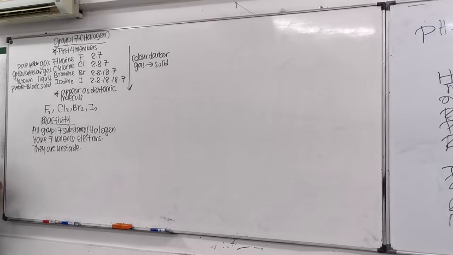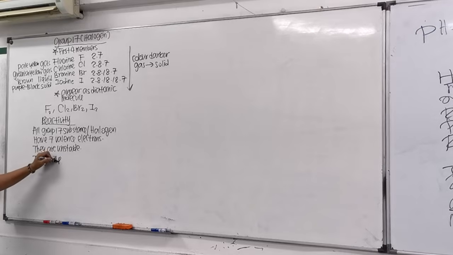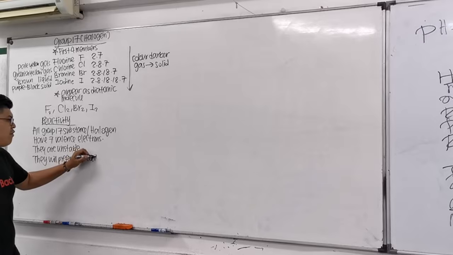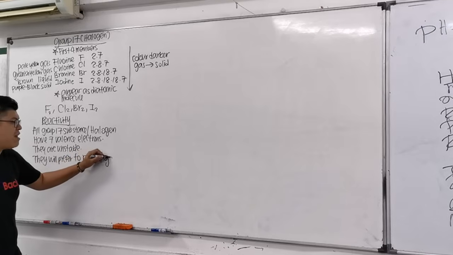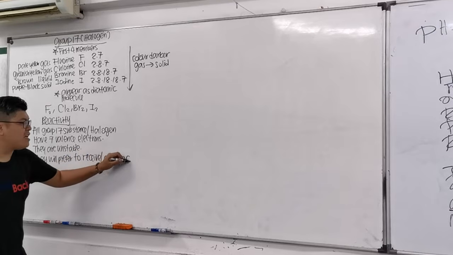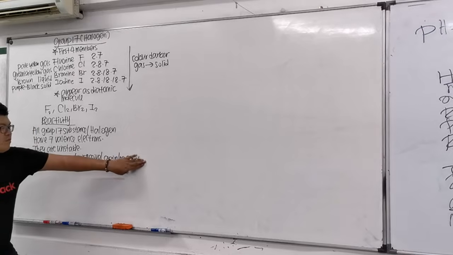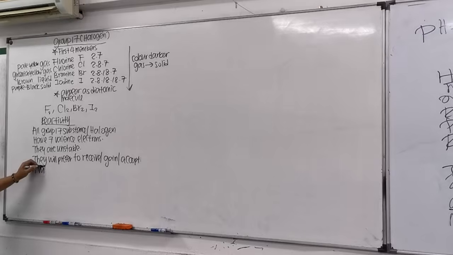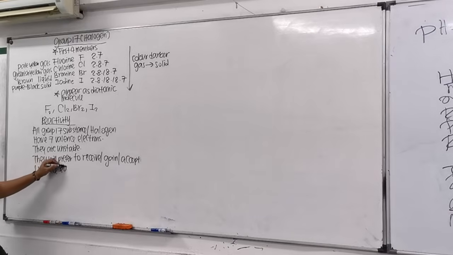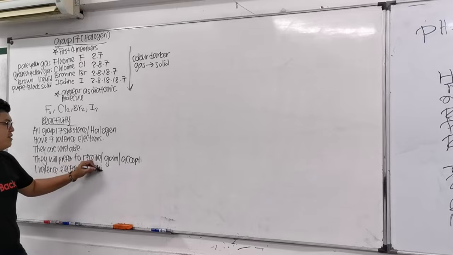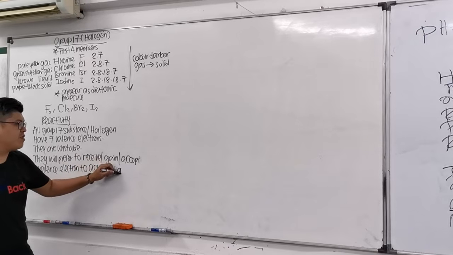They go and take electrons. All group 17 will prefer to receive, gain, or accept one valence electron in order to achieve a stable electron arrangement.